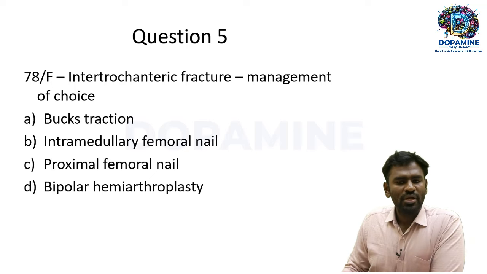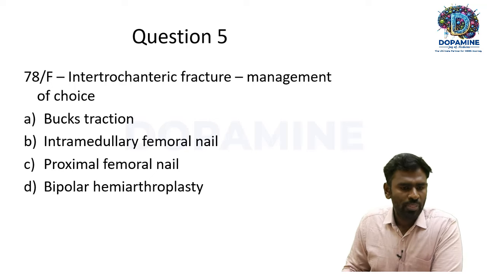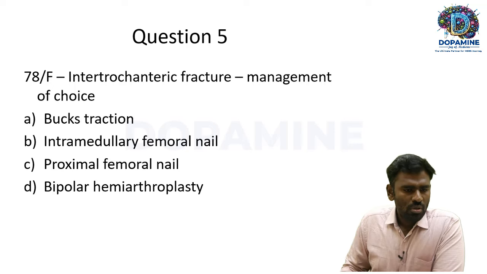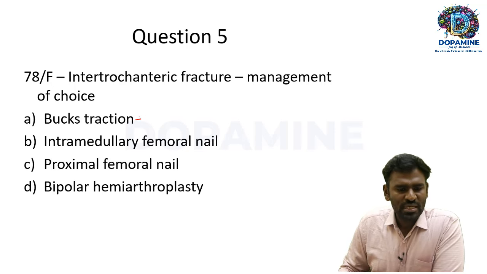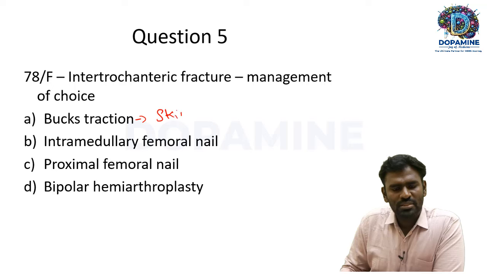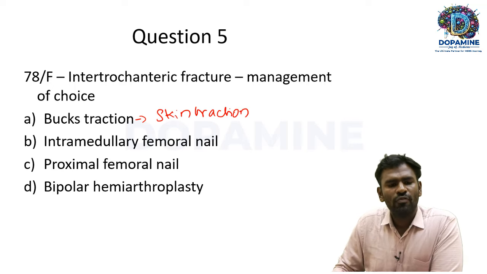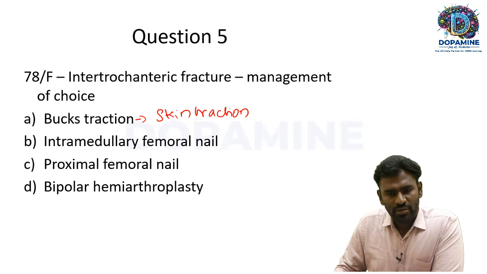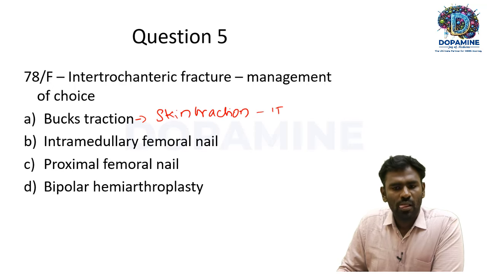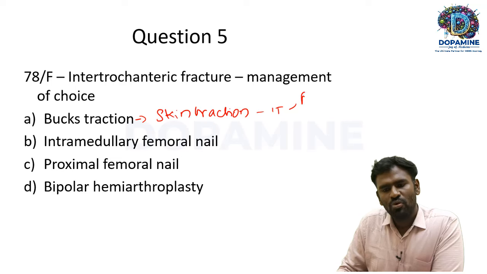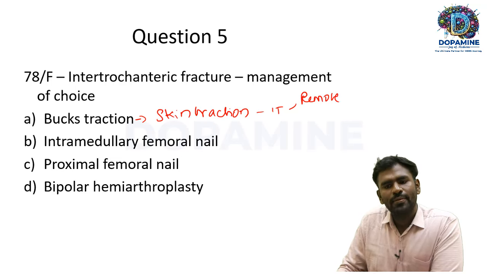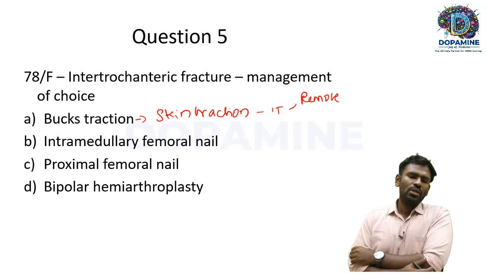78-year female, intertrochanteric fracture, management of choice. Okay. So Buck's traction. What is Buck's traction? This is a skin traction. It can be given for intertrochanteric fracture for a patient in a remote area where there is no access to any surgery or anything.